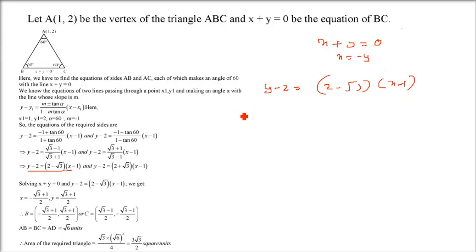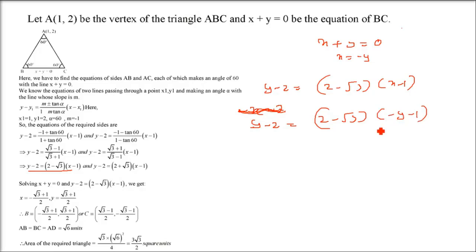Substituting in place of x you can put minus y minus 1, so this is minus minus.